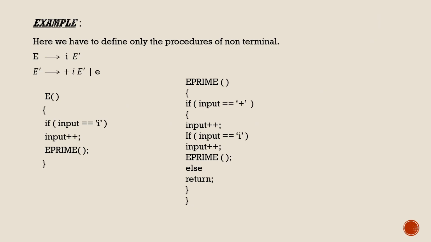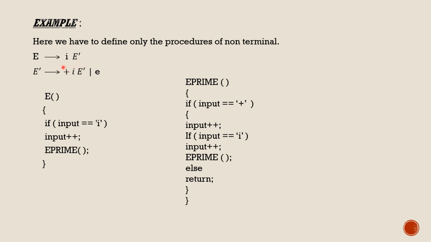Here we are going to discuss the example of a recursive descent parser. We have to define only the procedures of non-terminals, and we know that uppercase letters are non-terminals, like E and E dash.